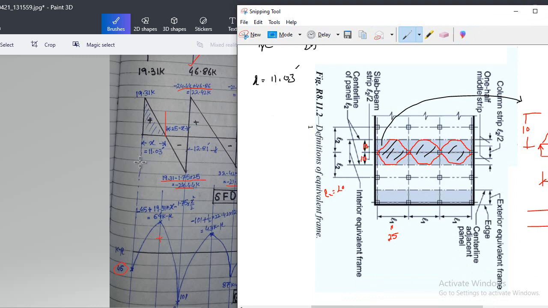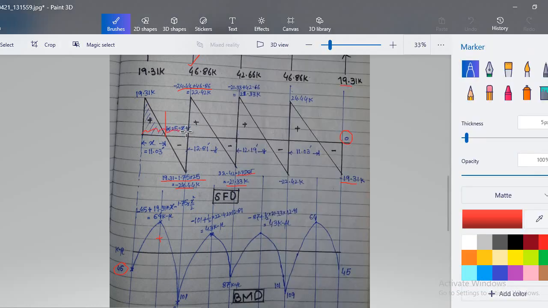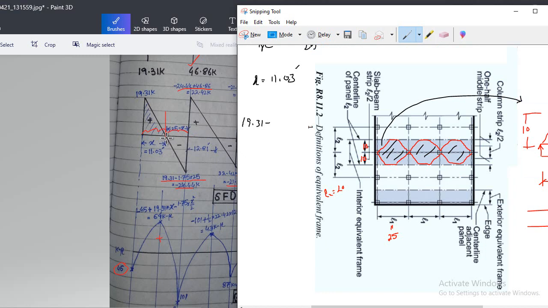As we see, the shear at this point is 0. So if we write down the shear equation at this point, it looks like this: 19.31 minus, as we have a UDL loading right over here, we have to subtract that UDL, that is 1.75, as this distance is x, so multiply with x, and the net shear at this point will be equal to 0.